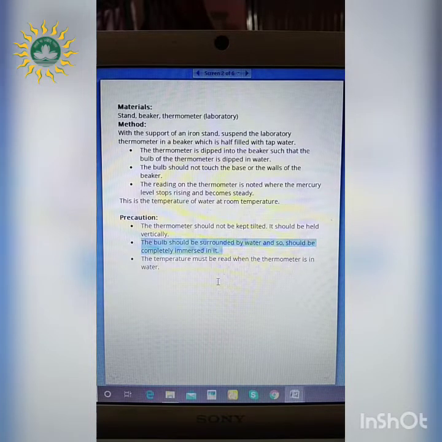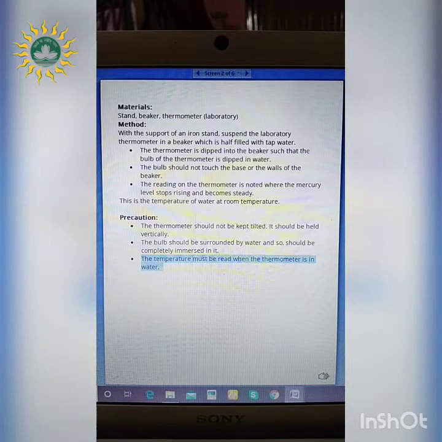Why? Because if the bulb is not completely immersed, the mercury inside the bulb will not show the exact reading. Third, the temperature must be read when the thermometer is in water. So keeping it in contact with the water, the thermometer should be read and the temperature noted down.